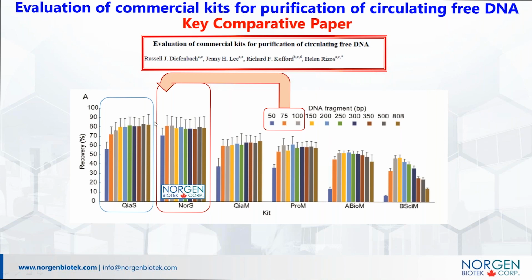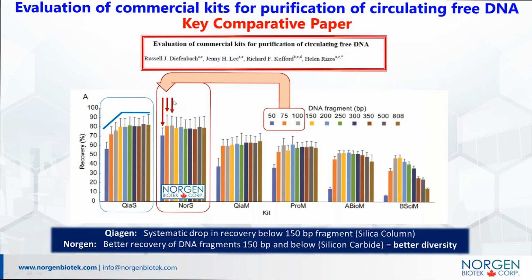But when you compare the two spin columns, Norgen and QIAGEN, you will see that Norgen recovered the sizes of interest, from 50 to 100, even 150, with a very good efficiency, whereas QIAGEN, which is based on silica columns, as I mentioned before, has bias towards binding large genomic DNA sizes, which is mainly in plasma samples.